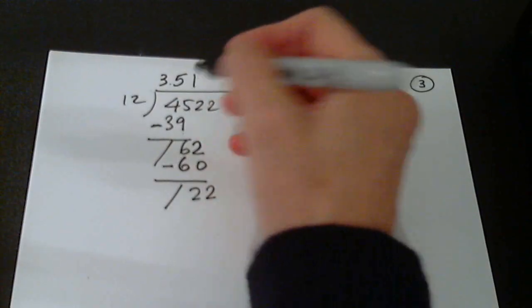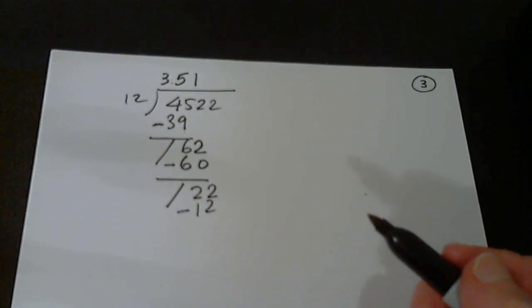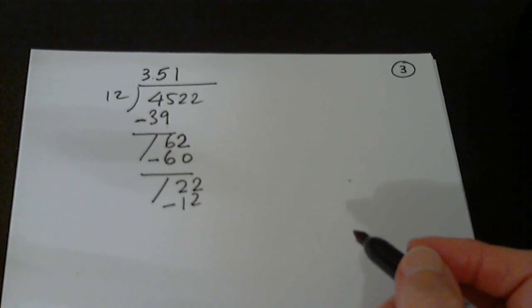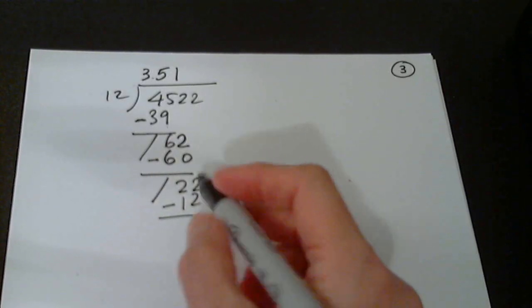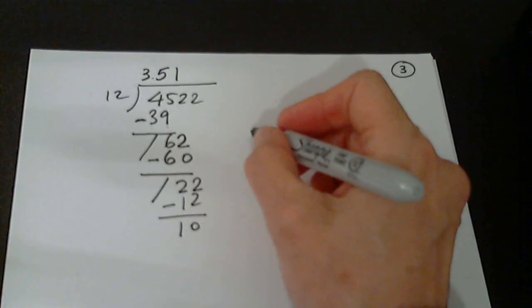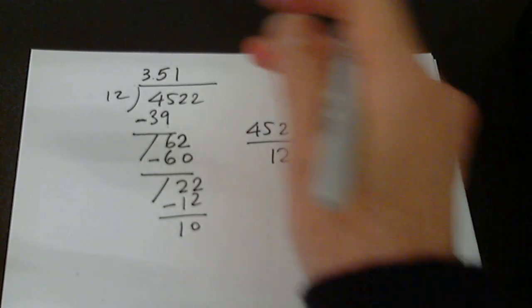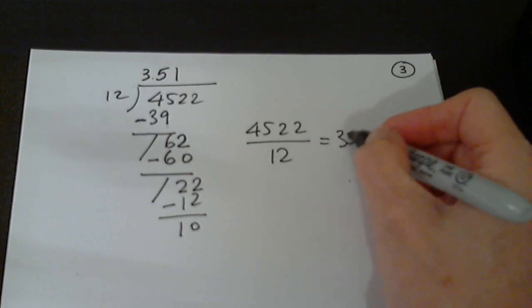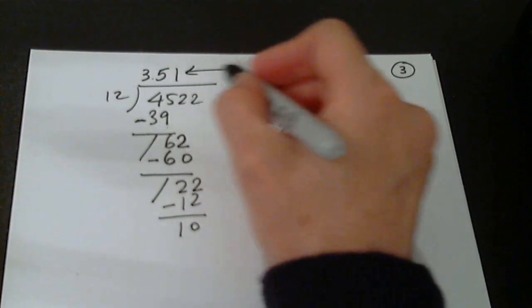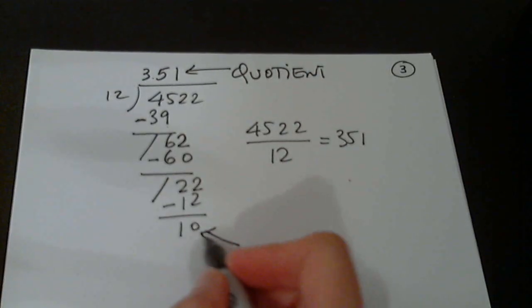And I get 1, and 1 times 12 is 12, but I have to subtract. Although 1 times 12 is not negative 12, I have to change the sign, and I get 10. I can no longer divide, and I will write that 4522 divided by 12 equals 351. This is the quotient, and this is the remainder.